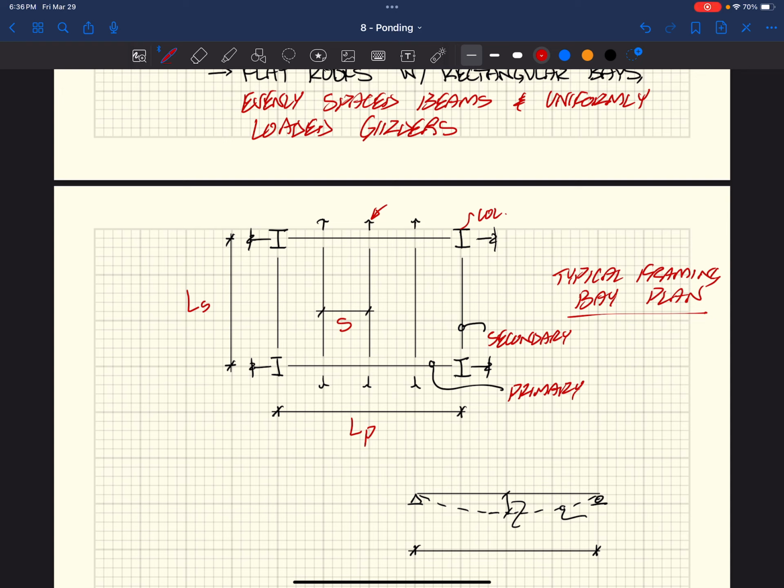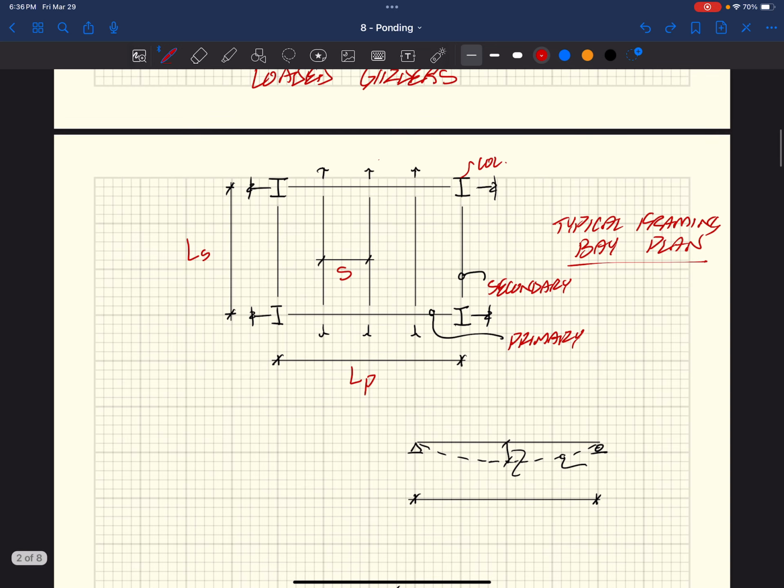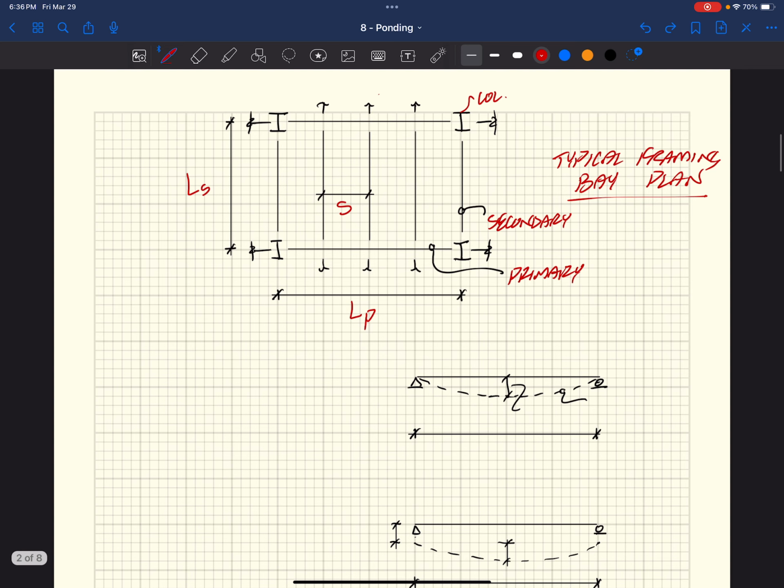Maybe the girders are the edge of the building. And we can have some other unique scenarios where, for a Walmart or a Costco, we have these big masonry walls, bearing walls around the perimeter. And so at some point, the joist can be supported basically on a bearing wall, right? And so some other unique scenarios exist, and they give us some guidance as to how to consider those.